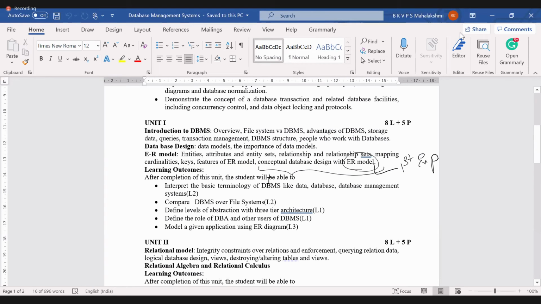We covered up to cardinalities, I think. We covered up to where? Relationship sets. Didn't you remember, right? Narayan, roll number 4. Number 30 and the active students. Can anybody tell me up to where we discussed? I didn't get you, ma'am.